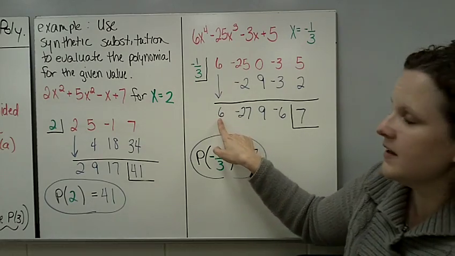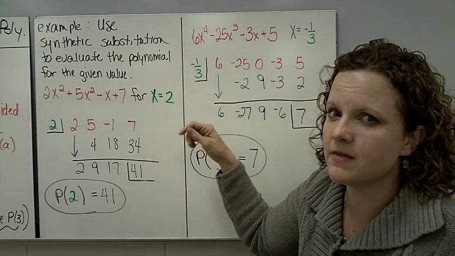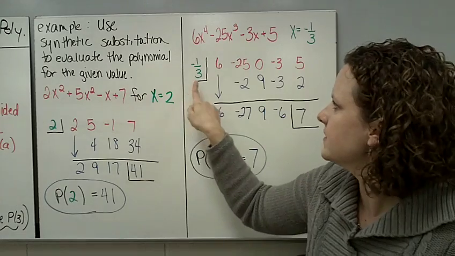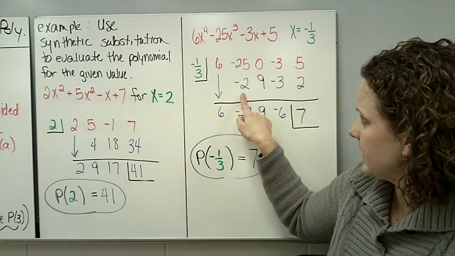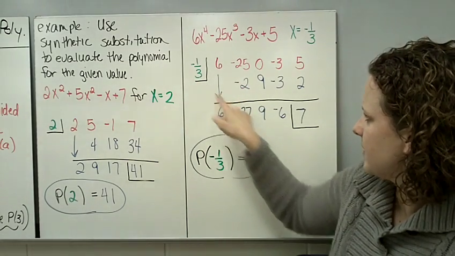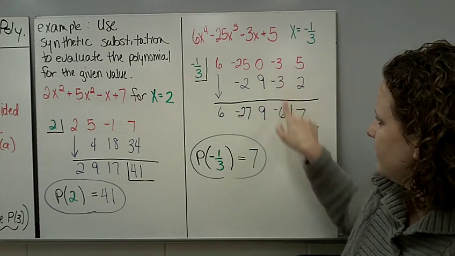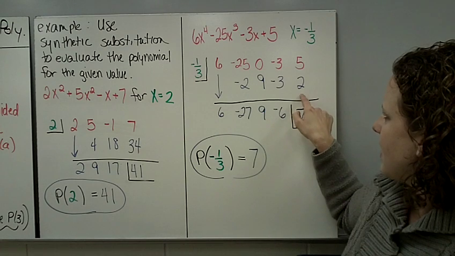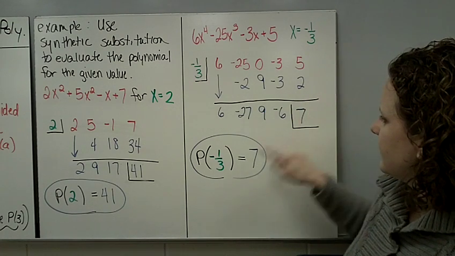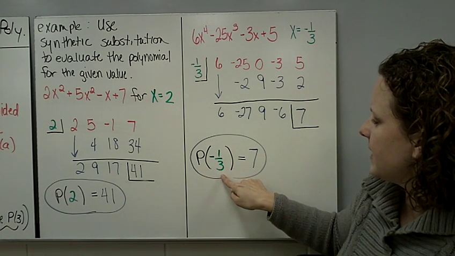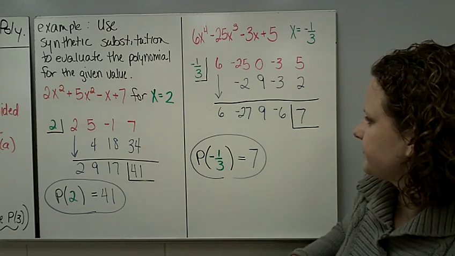Drop your 6 down. Luckily, all of our multiplication works out with this. We don't get any fractions as answers. Multiply, -2, add. Multiply, +9, add. Multiply, -3, add. Multiply, +2, add. Our remainder is 7. So your polynomial evaluated at -1/3 equals 7.